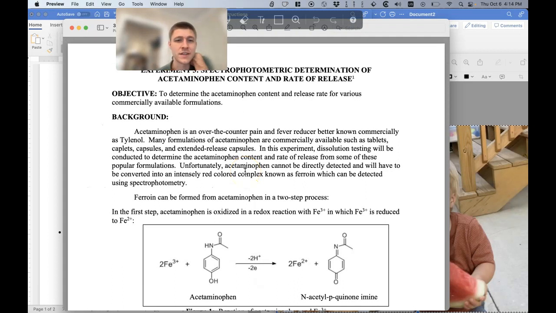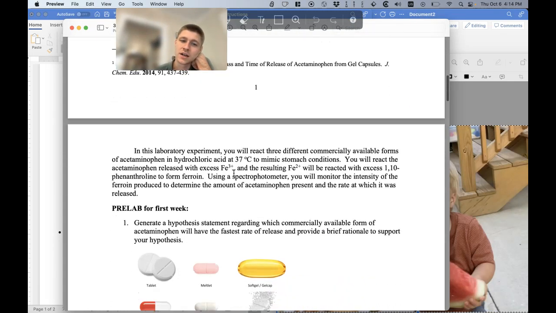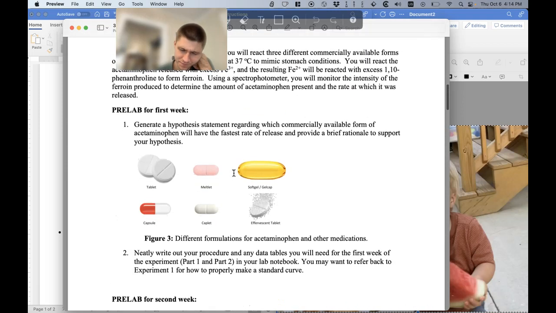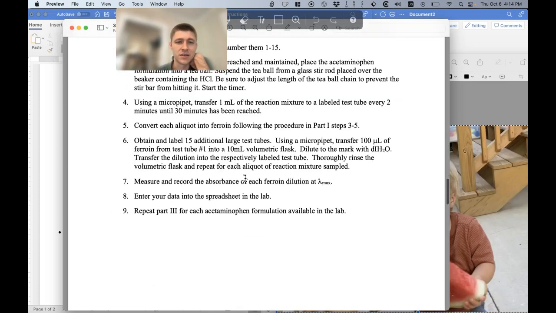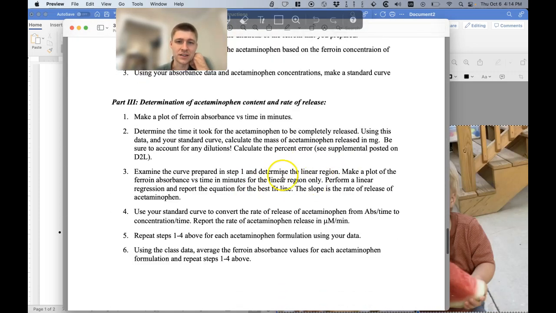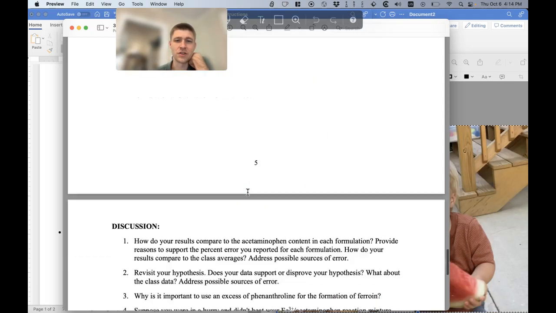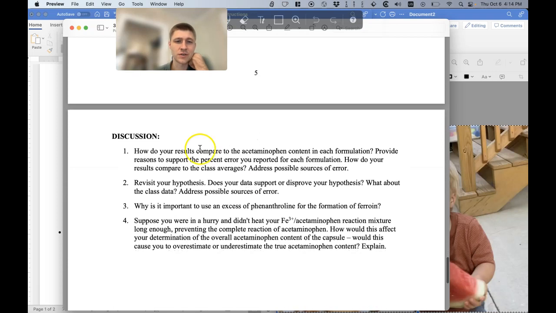Okay, looking at the acetaminophen data here, you've got your objective. We've got your hypothesis that might be nice to refer back to. We've got a linear region where you're going to get a slope of the linear region, as we talked about. Talk about the content in each formulation.